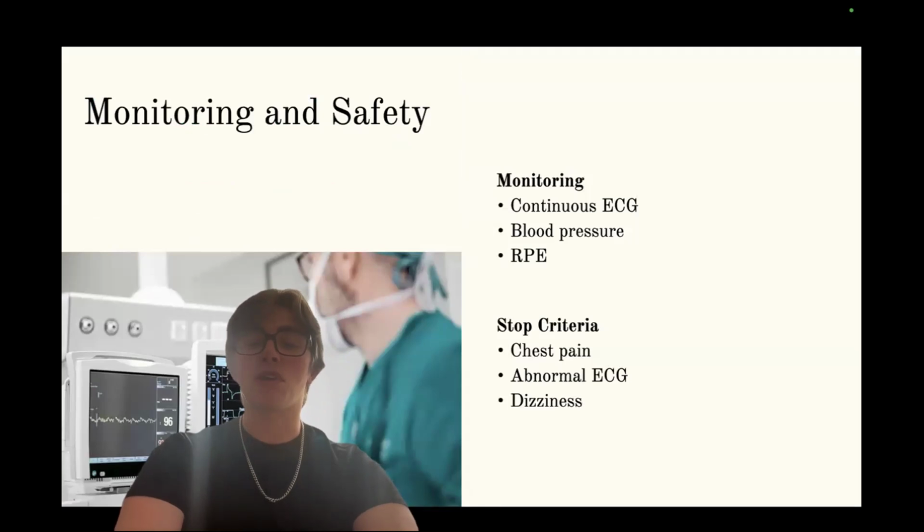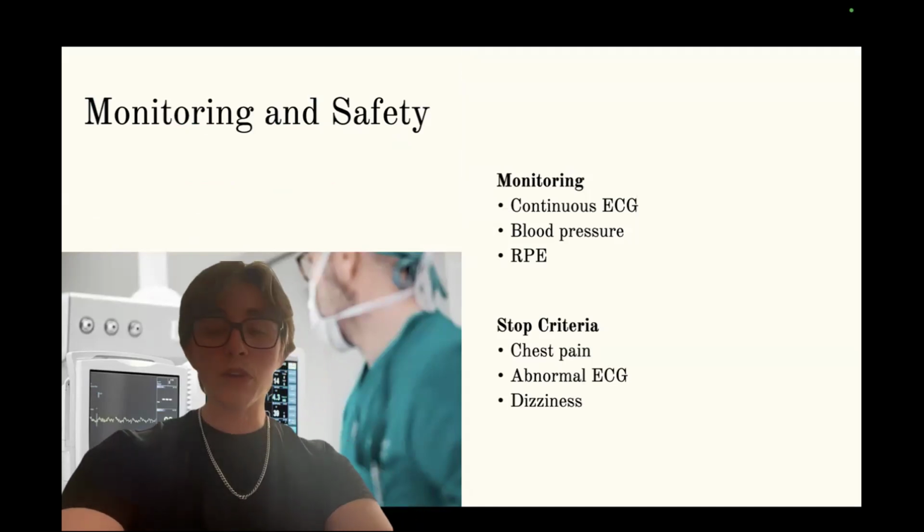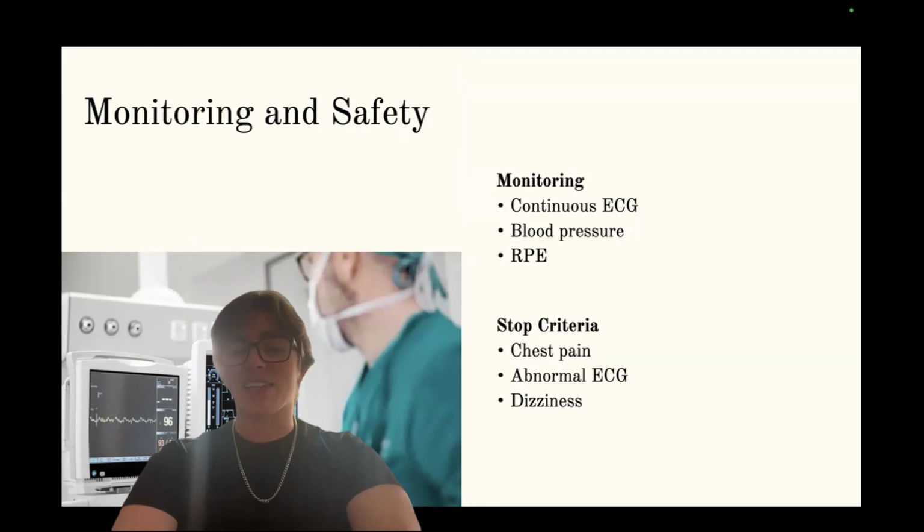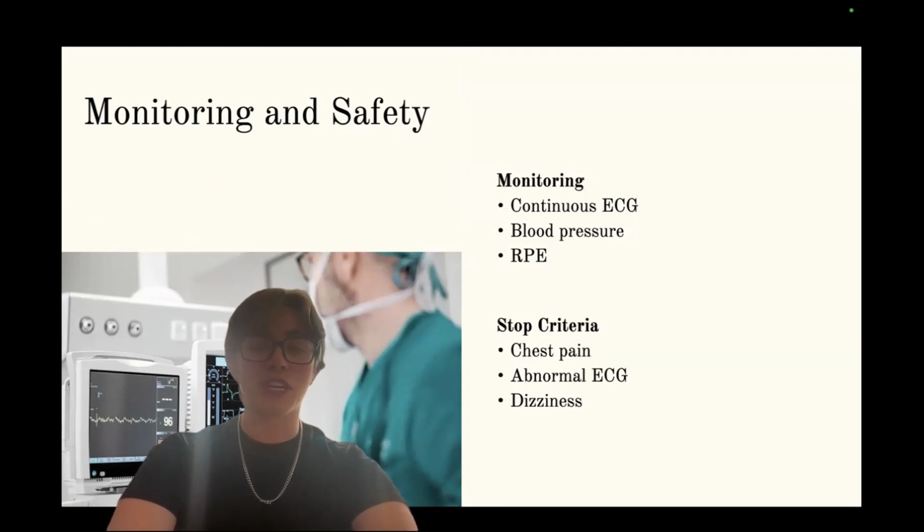Monitoring is a big part of this process as well. For this patient, we would use continuous ECG monitoring to watch for any abnormal heart rhythms. We would also check blood pressure at each stage of the test and monitor perceived exertion throughout. At the same time, we need to watch for any warning signs. This includes chest pain, unusual shortness of breath, dizziness, or abnormal ECG changes like ST depression.